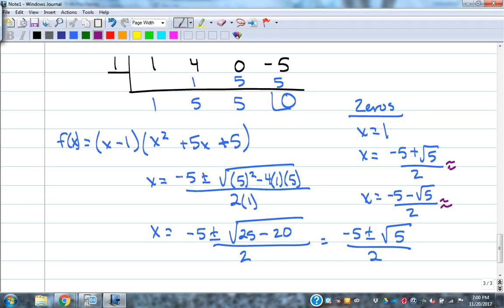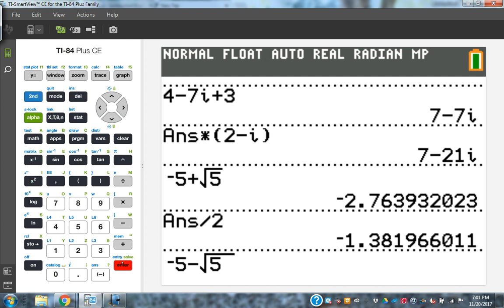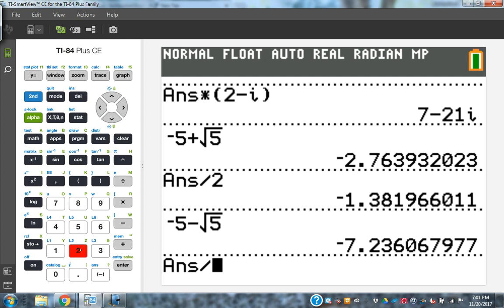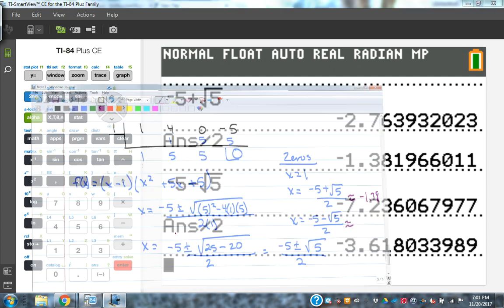That's negative 1.38, just 2 decimal places, about as close as you can get as far as eyeballing it. And then I'm going to do the minus one. So negative 5 minus the square root of 5 divided by 2. And that's negative 3.62.